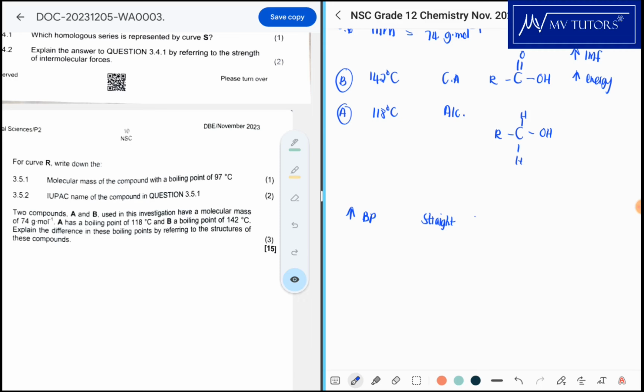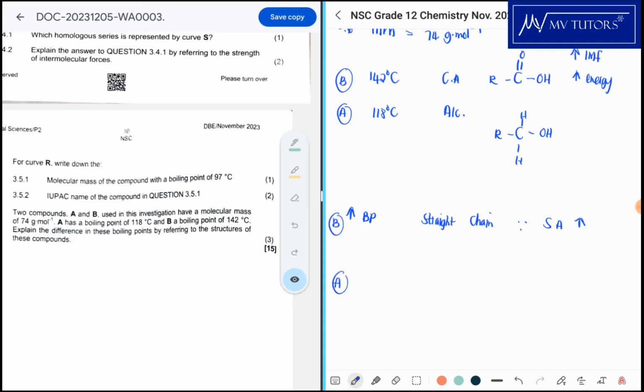It's because the surface area is high. The higher the surface area, the more energy is required to break the bonds, hence the higher boiling point, higher melting point, etc. So that could have been the 142 degrees. It was a straight chain. So that's your B.